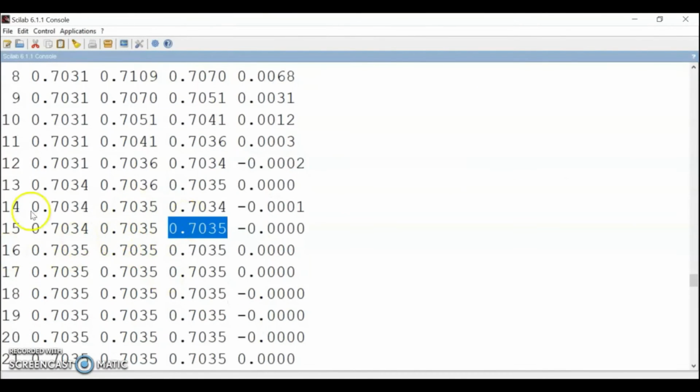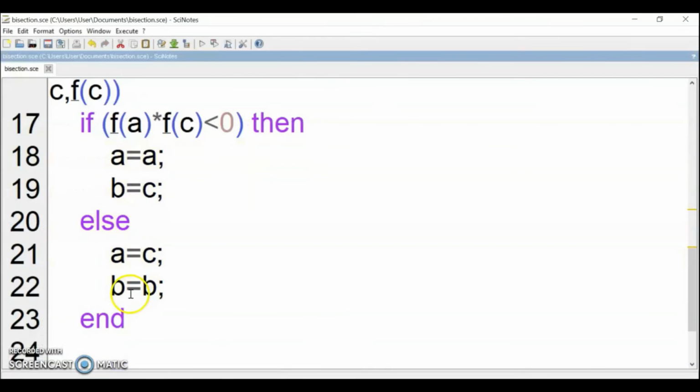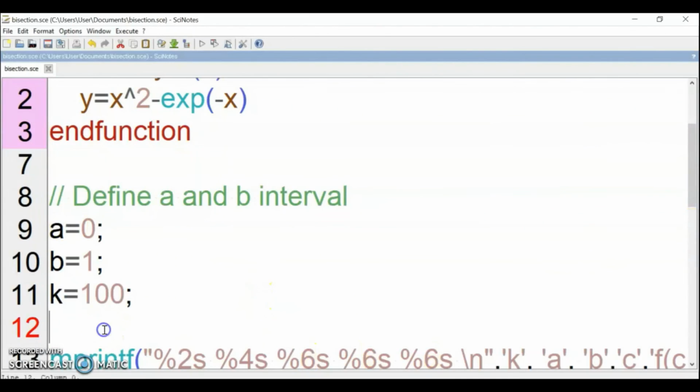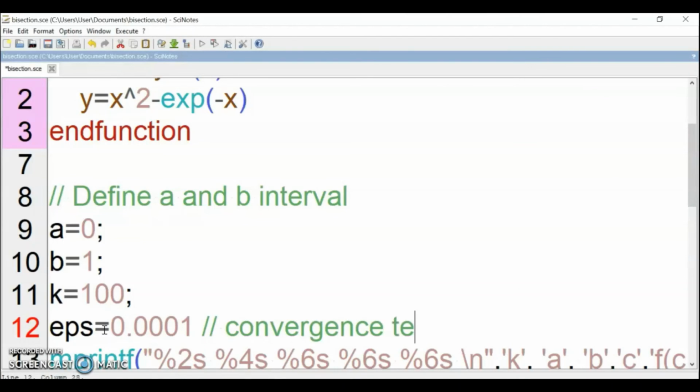Oh, it actually stopped at 15 iterations. It does not require more than 100 iterations, right? So what you can do is put an epsilon, or the convergence test, here. So let's put the convergence test here. Let's say I want it to stop at the convergence. This is for my convergence test.